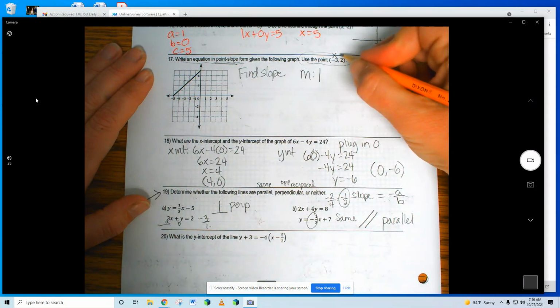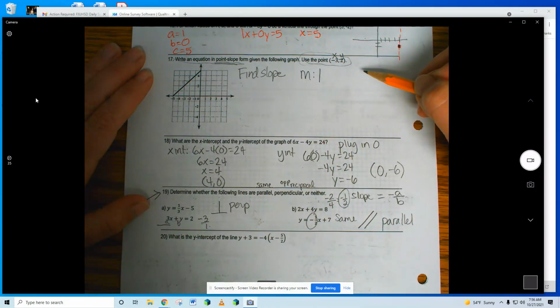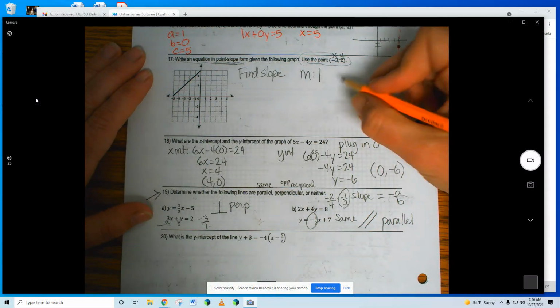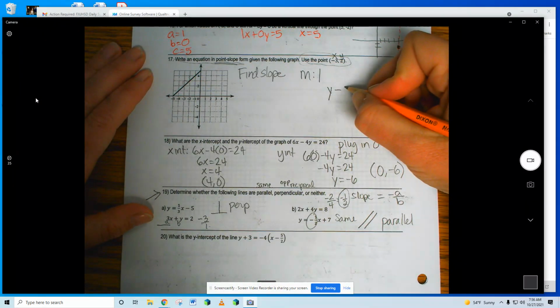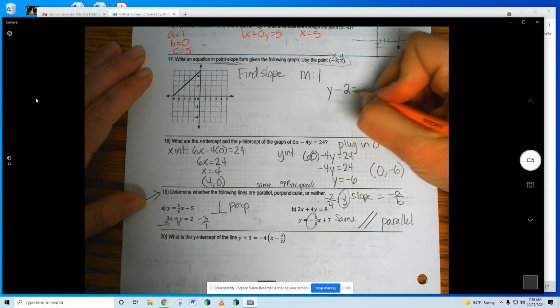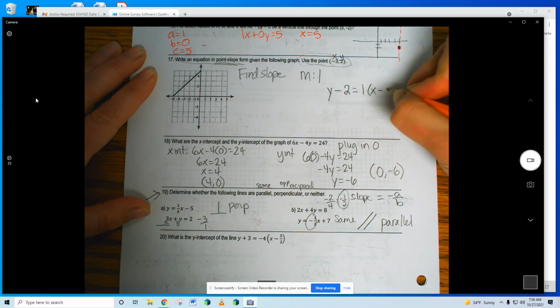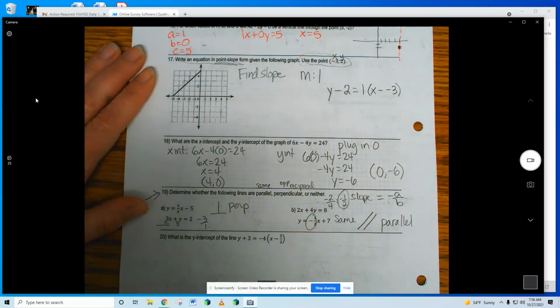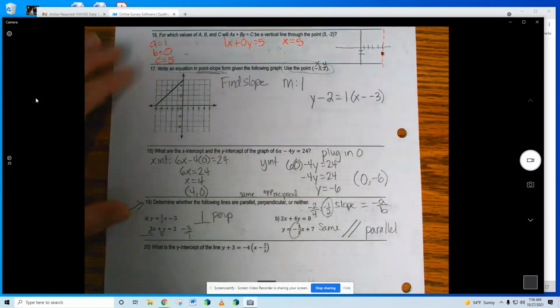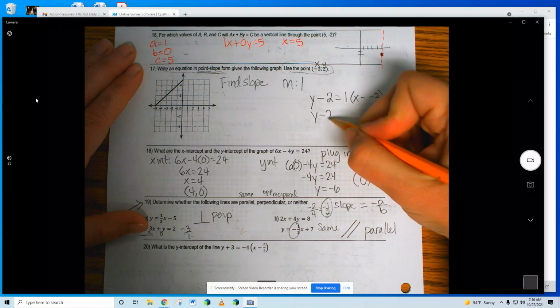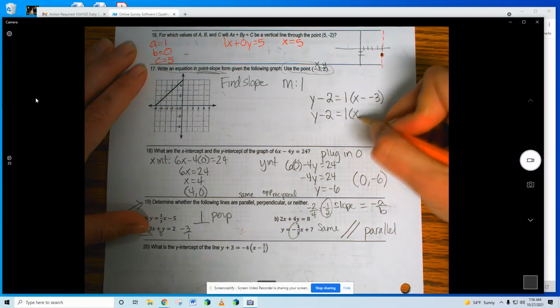Awesome. The point is negative 3, 2. My slope is 1. y minus y1, y minus 2 equals m times x minus x1. Careful. Number 17: y minus 2 equals 1 times x plus 3.